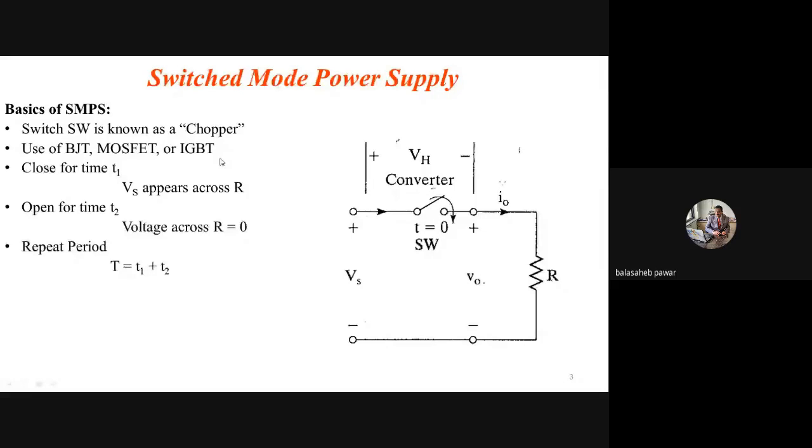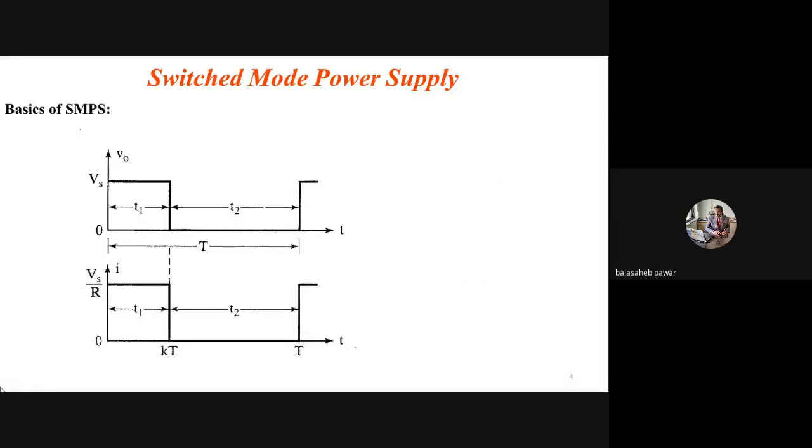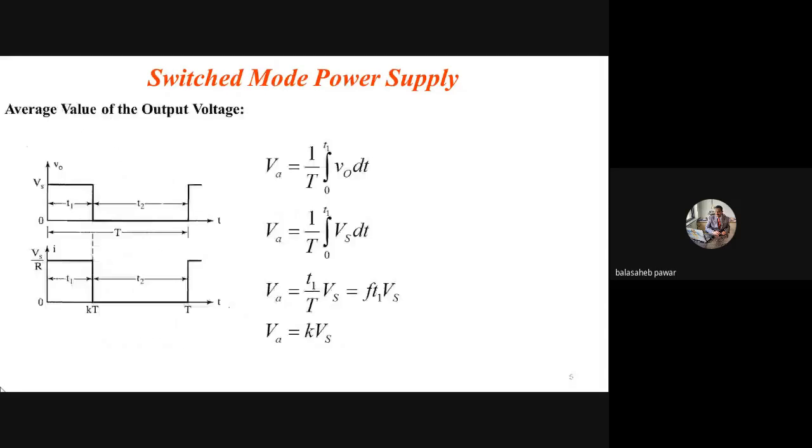The same things I have written: the close time of the switch, the open time of the switch, and capital T, that is close time plus open time, T1 plus T2, right? So I think there is no need to revise these things again. Today also we discuss how to find the average output voltage of the pulsating output DC. I already explained this by taking the integration from 0 to T1, because during that period only we get the output, right?